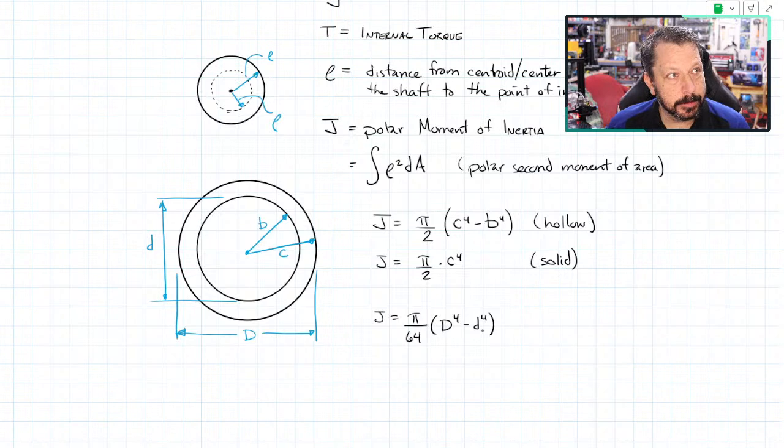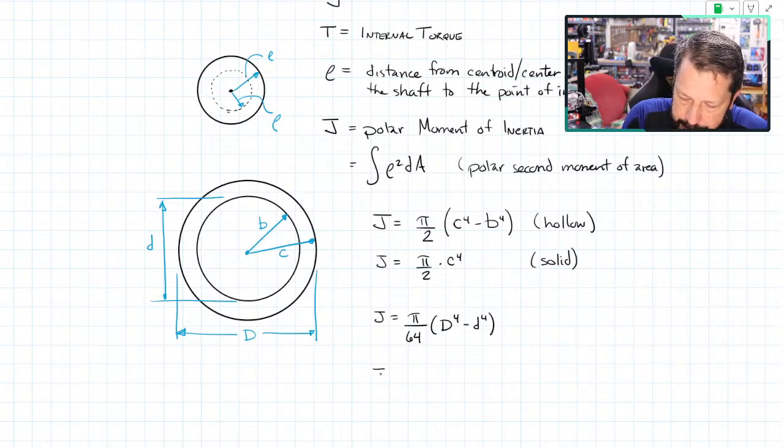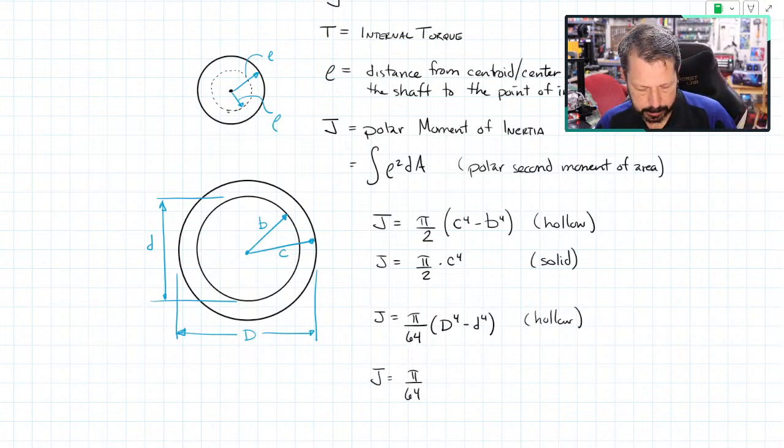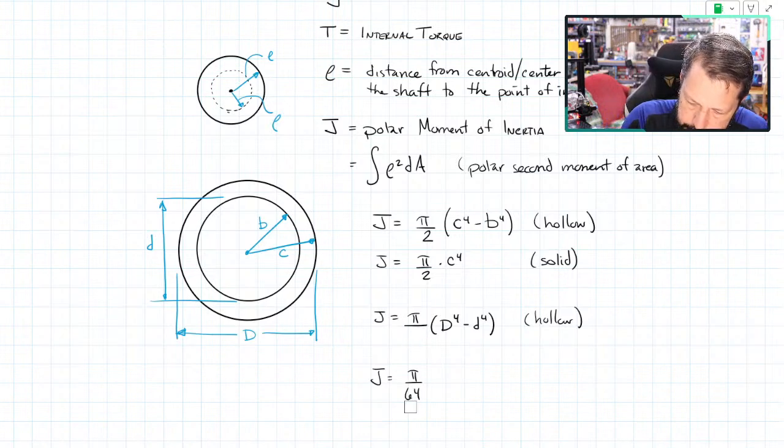If it's not, we'll come back and fix it. And again, that's for the hollow. J equals pi over 64. It might be 32. 2 times 2. It might be over the 32nd power. Yeah, it's over 32. 2 to the fourth is 32.